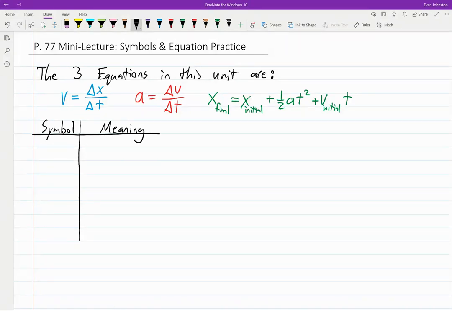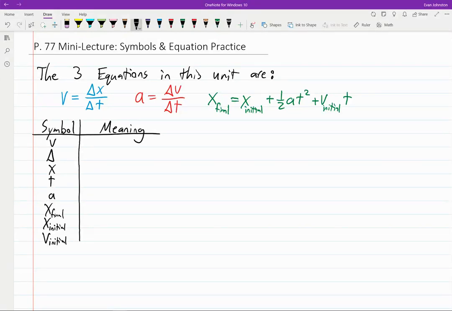Go across. And the symbols we have are V, delta, X, T, A. Now we have X final, X initial, and V initial.